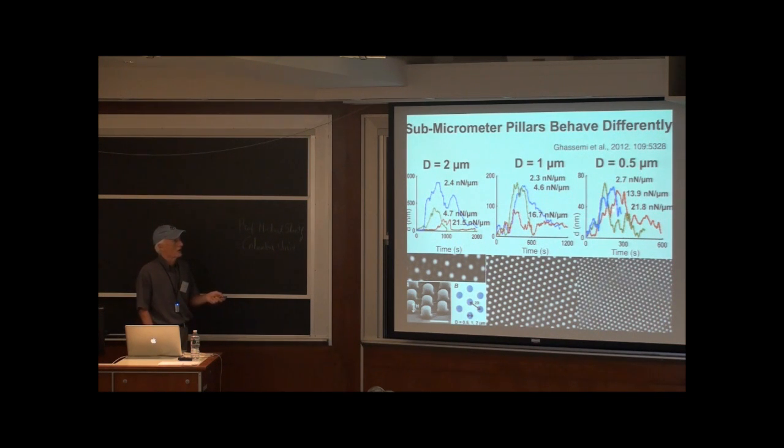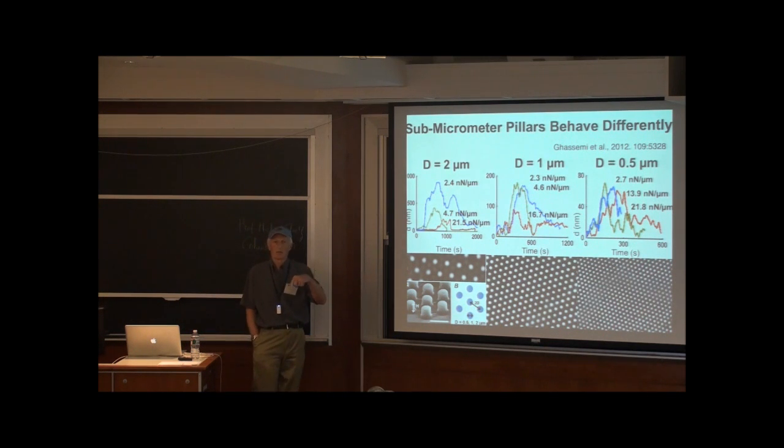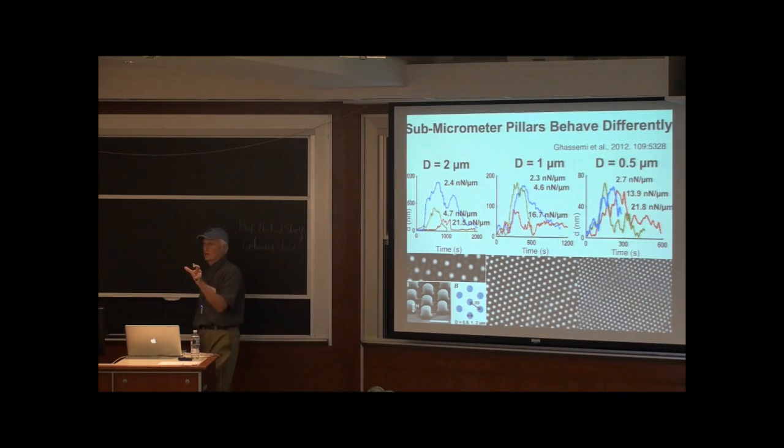In contrast, on the 1/2 micron pillars, they were all pulled by the same amount and for roughly the same period, consistent with the earlier findings of Benoit Ledoux's lab, in which they varied the substrate rigidity or pillar rigidity by 100-fold and found that they were pulled to a constant displacement.